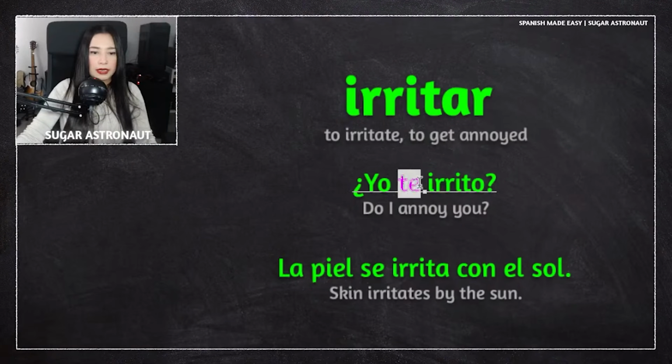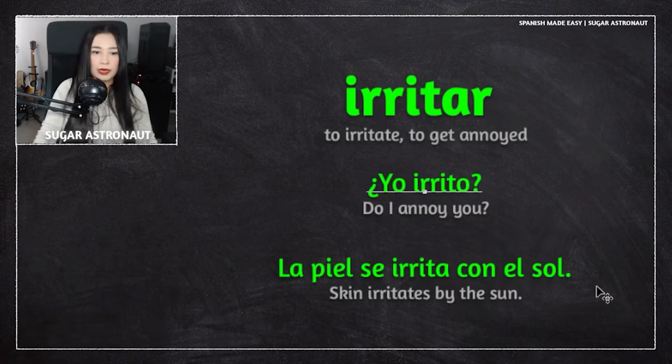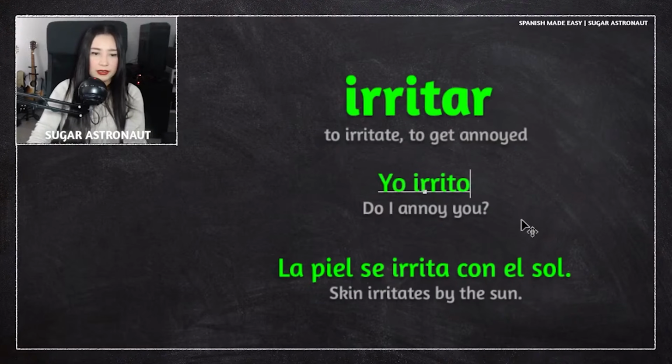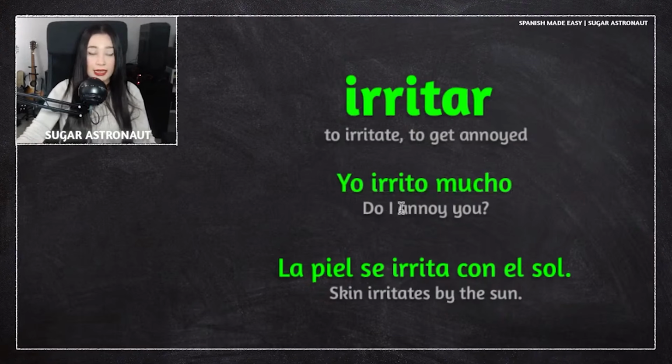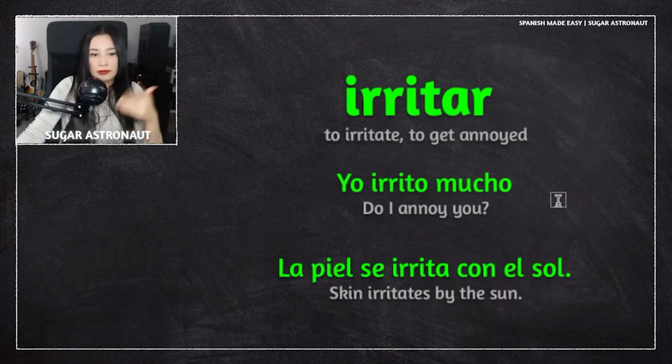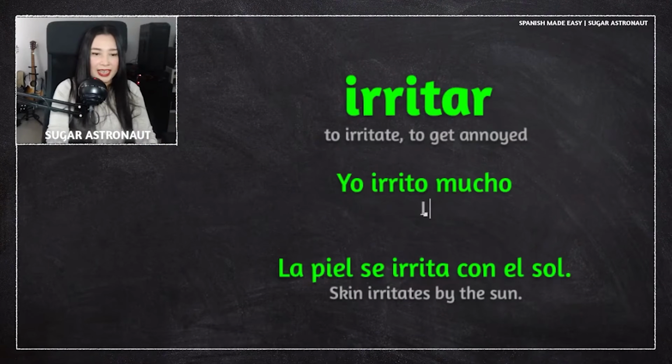Same here, right? Yo te irrito. If you say yo irrito mucho, without a question, that means I annoy a lot. Who? We don't know, right? To whom? We don't know. But you're just saying that you annoy. I annoy a lot.